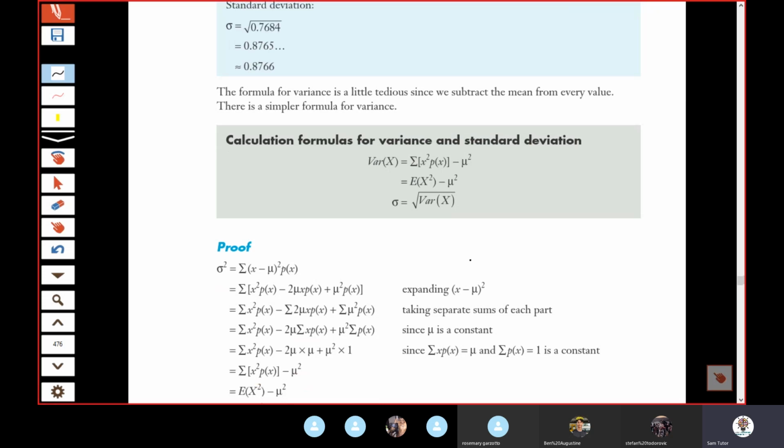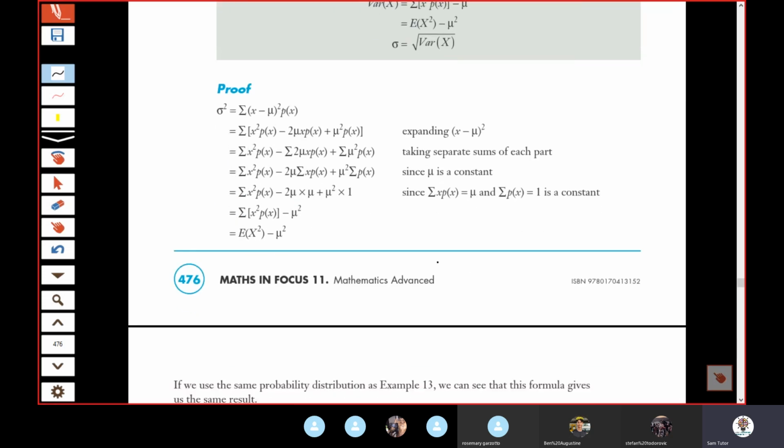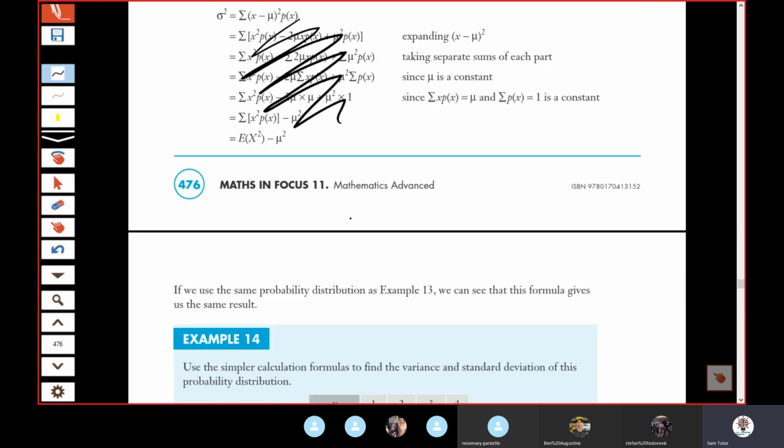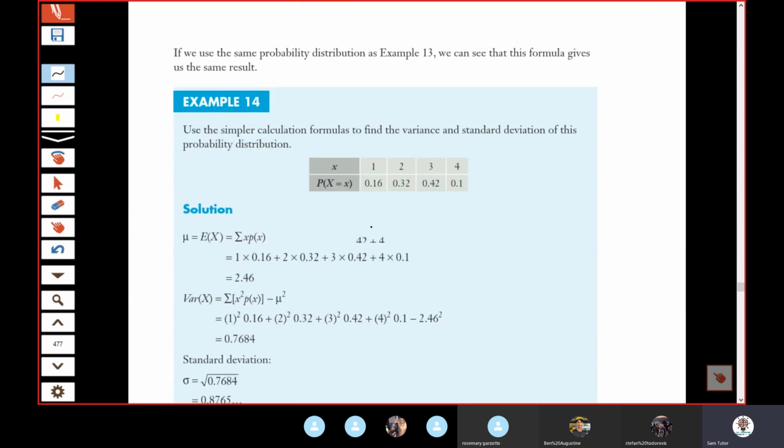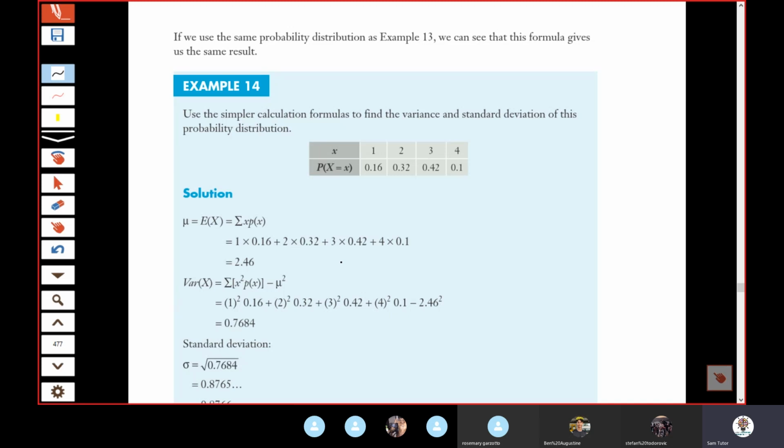That works really well as well. There's the proof, which you guys should not even care about. I don't know why that proof's even there. But anyways, variance can be what we just did, or variance can also be written as E of x squared minus mu squared.